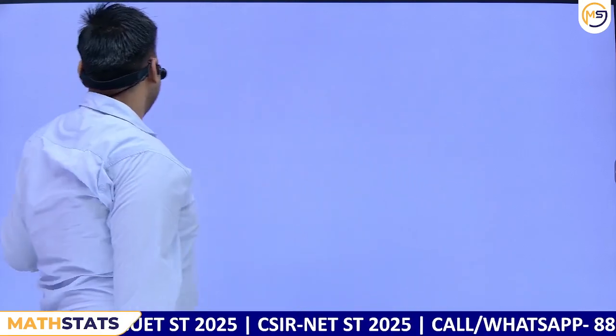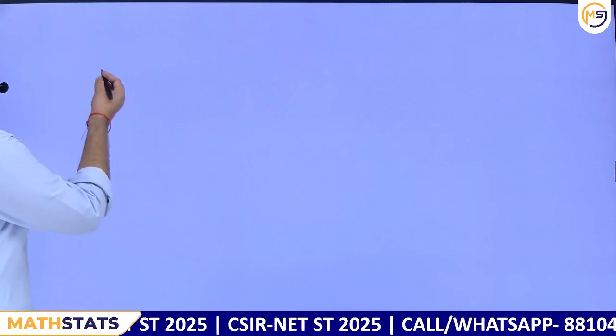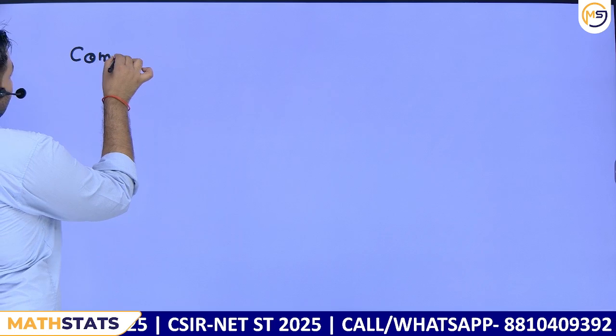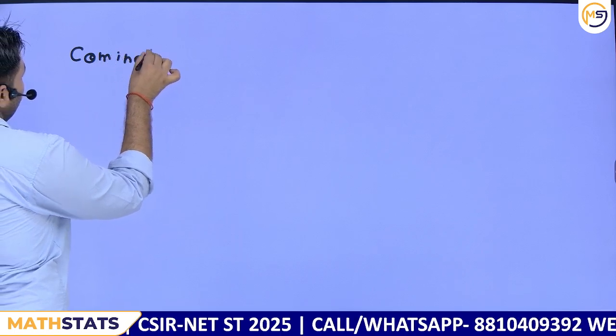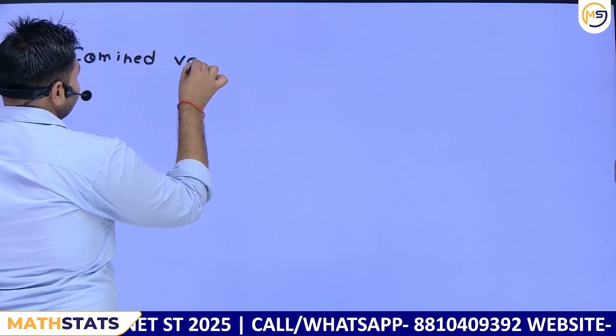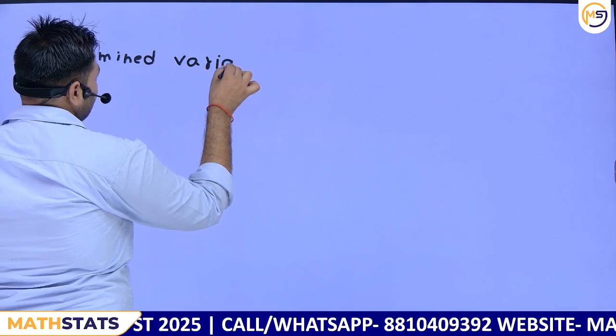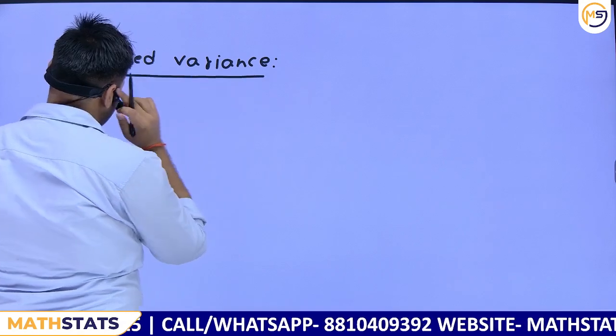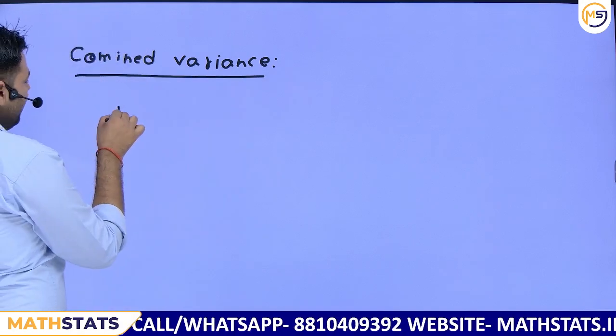So okay, we are talking about combined variances. Suppose we have a first series and a second series.